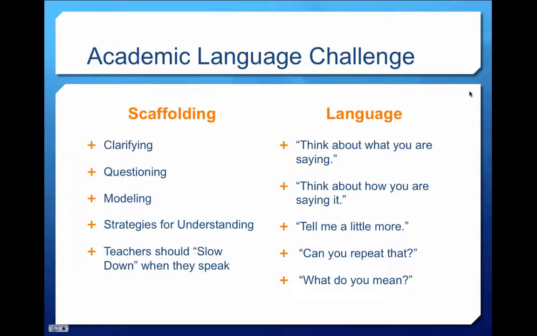I want you to think about how you are saying it. I want you to tell me a little more. Can you repeat that? What do you mean when you say that? So the idea is to get students to start thinking about what they are saying, when they are saying it, and how they are saying it. And so the academic language then becomes part of their process.